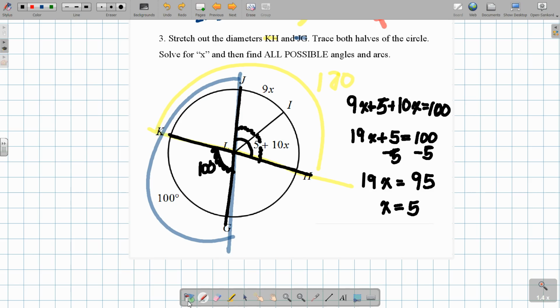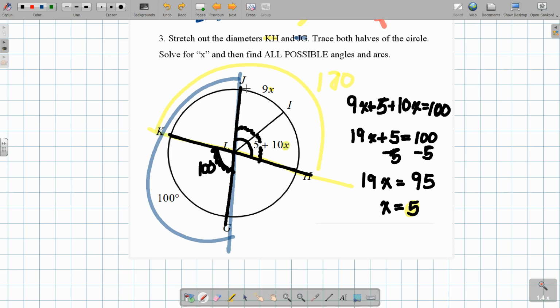Now, once you have that, and if you need to, check 19 times 5 equals 95. Now you're going to take that value of x. Remember, this is not algebra class. You don't end at x. Let's find the measure of each of these angles and then all other possible arcs and angles.